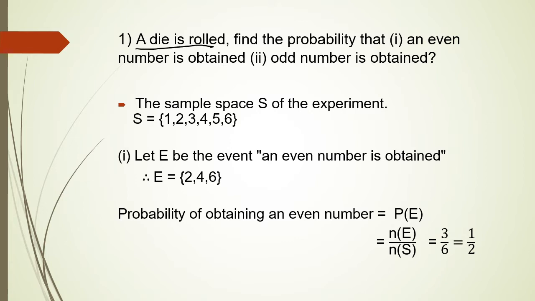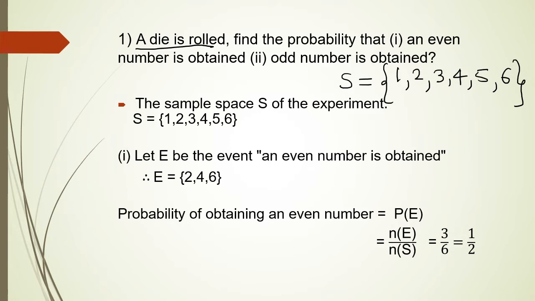The sample space would be, as we know there are 6 faces, and on the 6 faces we have the numbers 1, 2, 3, 4, 5 and 6 labeled on each of them. So these are all possible outcomes whenever a dice is rolled. All of these possible outcomes taken together in one set make our sample space for this particular experiment.